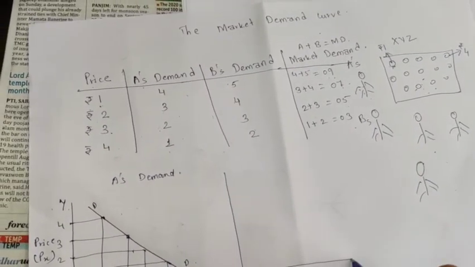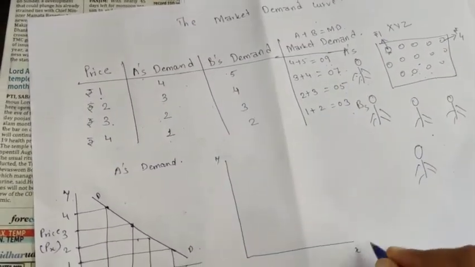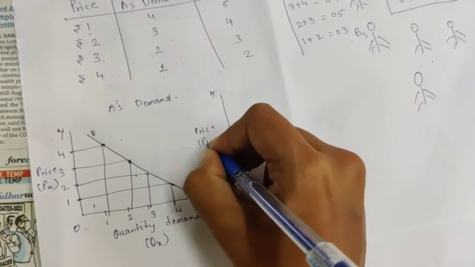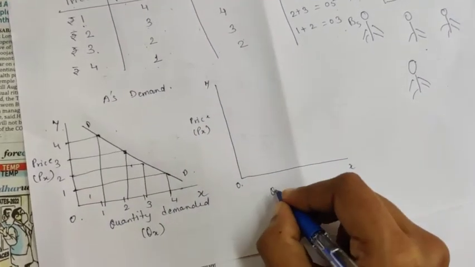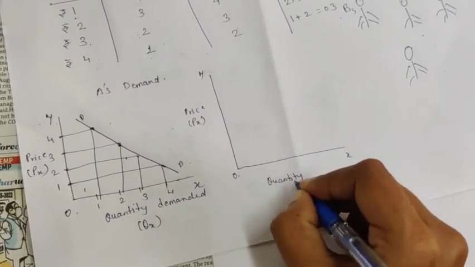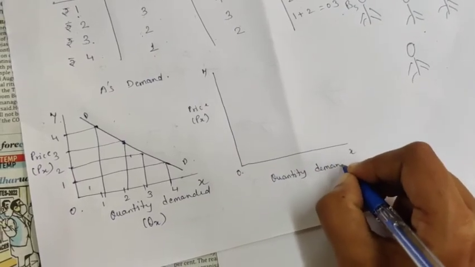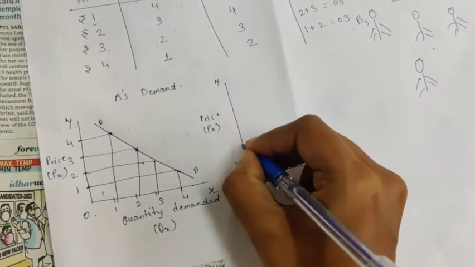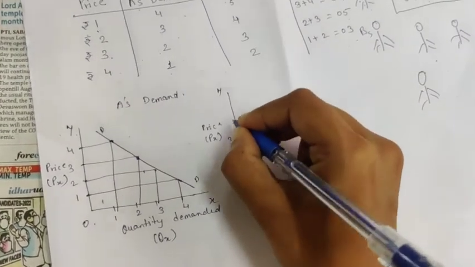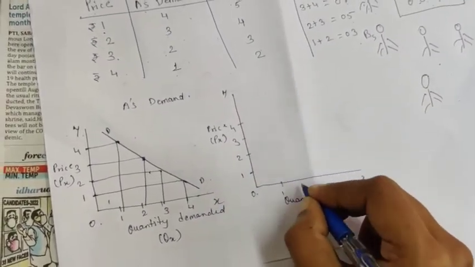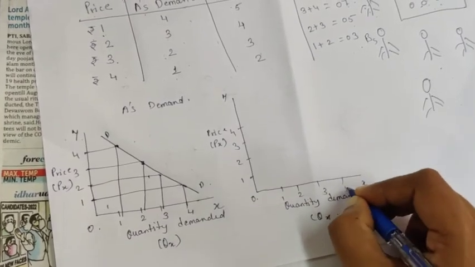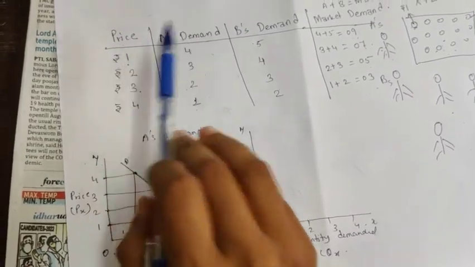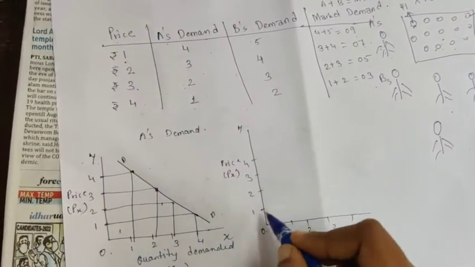Same way. Y-axis, X-axis, origin, price on Y-axis, PX, quantity demanded, QX. Same way you have to plot 1, 2, 3, 4 on both axes. Now you have to look at price and B's quantity demanded.